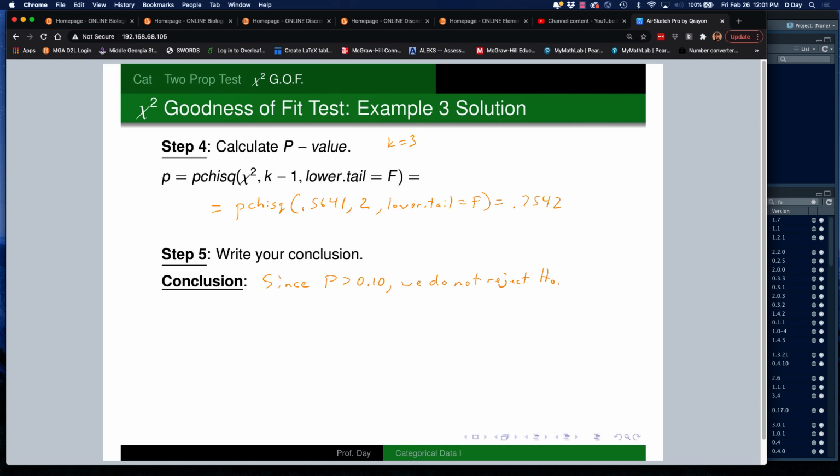The Snapdragon counts that were obtained, or observed, appear to follow that Mendelian genetic theory.